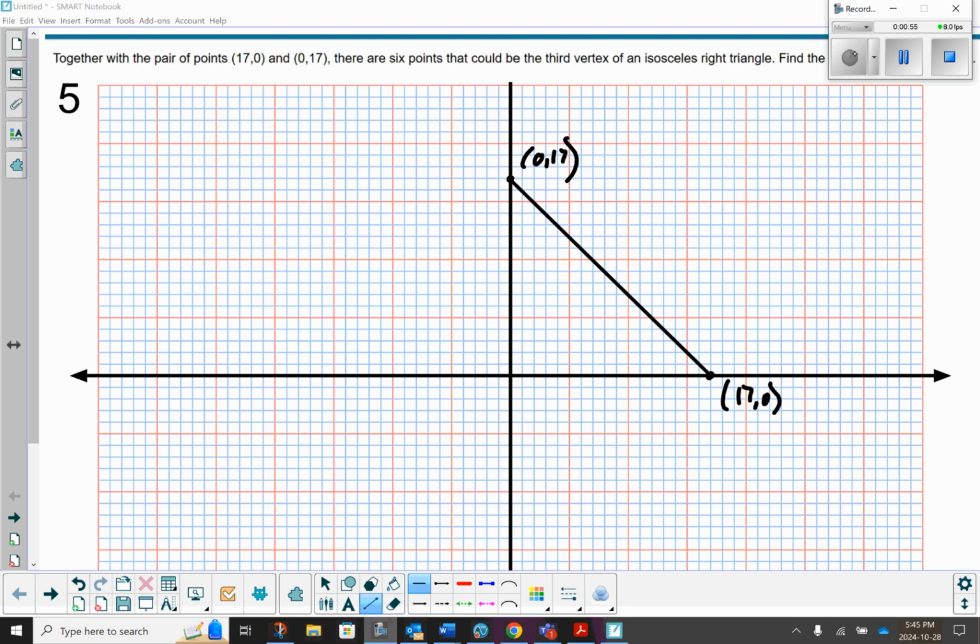The first thing I would say is let's plot those points and play connect the dots. It says that there are 6 places where we could have the third vertex.